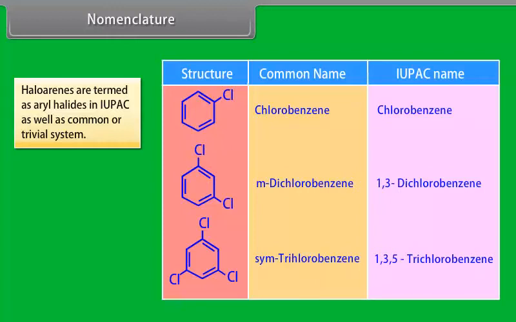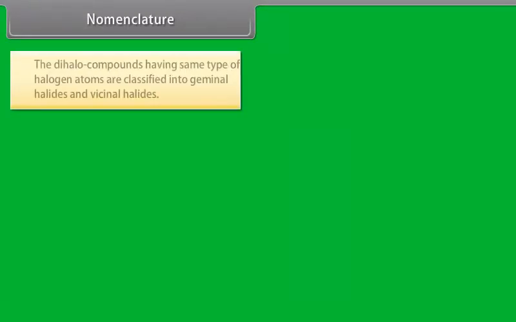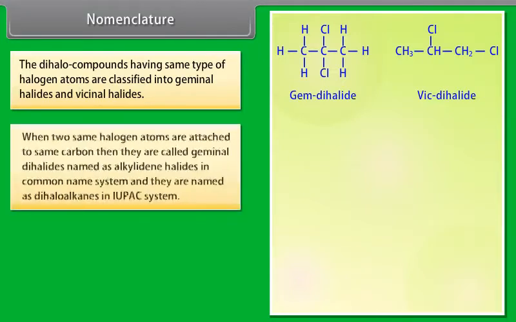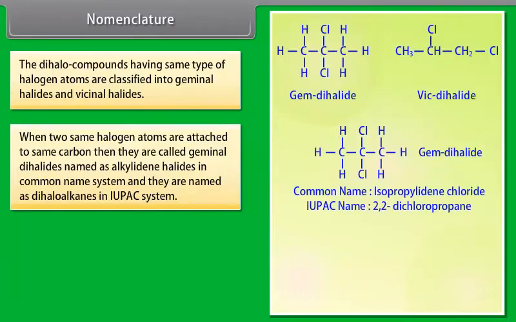For example, halobenzene. Nomenclature. The common names of alkyl halides are named by naming the alkyl group attached to the halogen and adding the name of the halide. In the IUPAC system of nomenclature, alkyl halides are named as halogen substituted hydrocarbons.